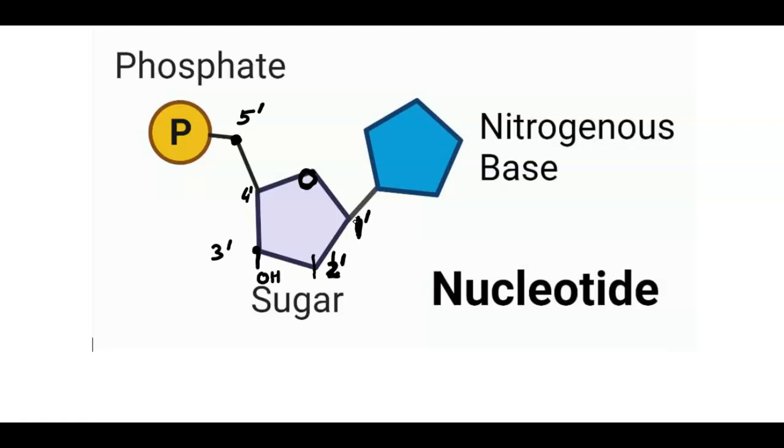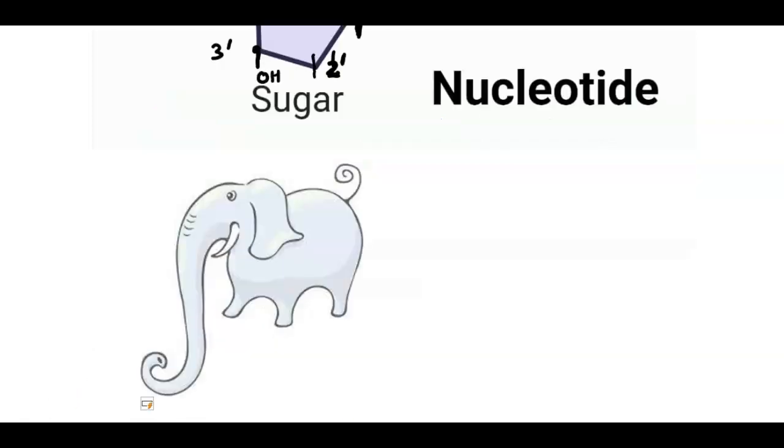So these are the carbons, and how I see it is a little bit like an elephant. We can imagine that the trunk is the 5' end of the sugar. So we would have here the 5' end of the sugar. That's the 5' position. Here we've got the 3' position with an OH group.